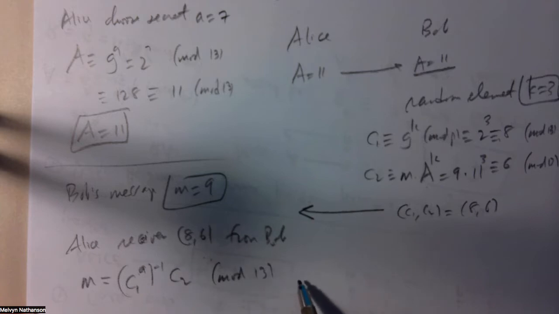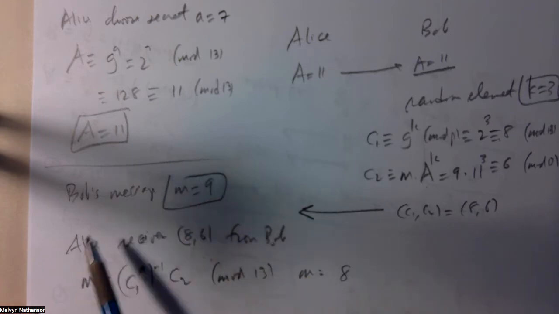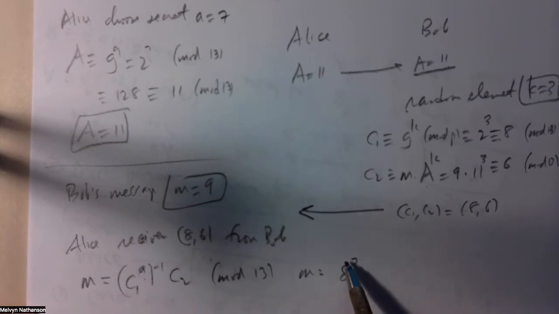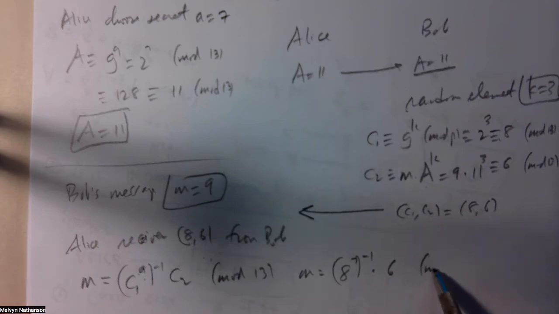So what is this? The message is C1 to the a inverse times C2. C1 is the number 8. Alice's secret number, little a, was 7. And we want the inverse of that, mod 13, times C2, which is 6.